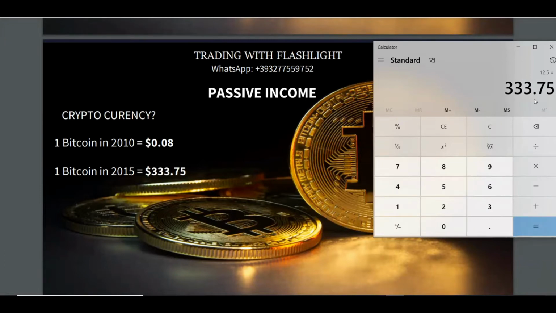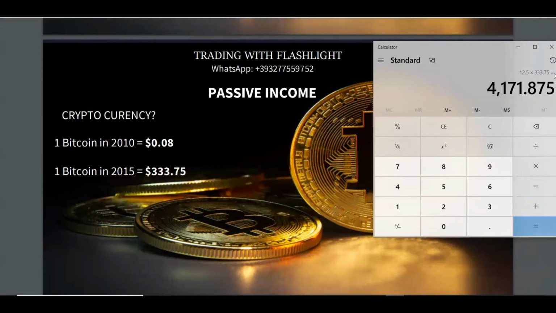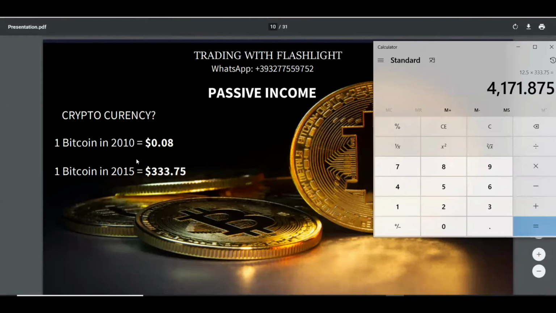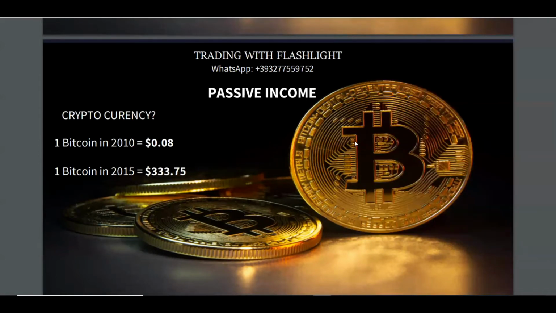This 333.75 is the highest value reached by the Bitcoin that year. So let's take it like that. The person that just put $1 in 2010 is now earning $4,171. I think even it is the best profit that someone can make in life with $1 invested. You invested $1. 5 years later, you are earning $4,171.